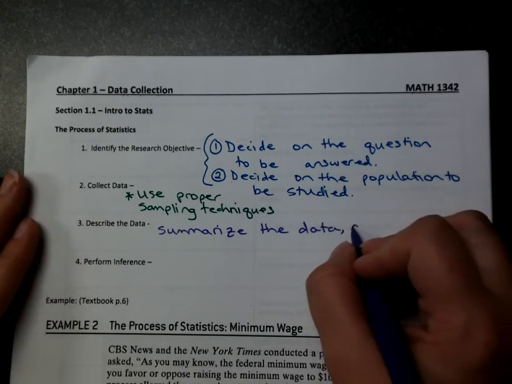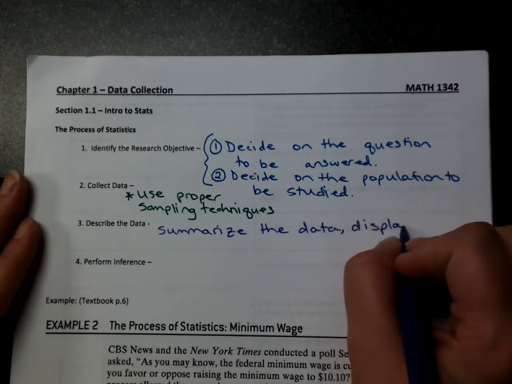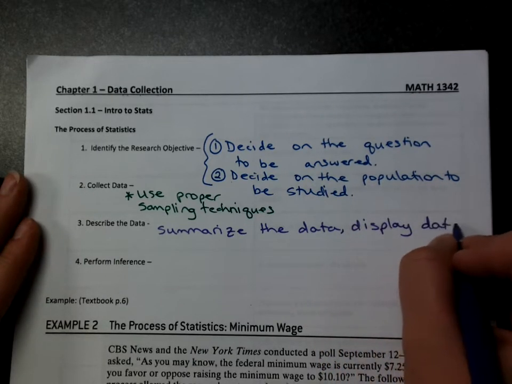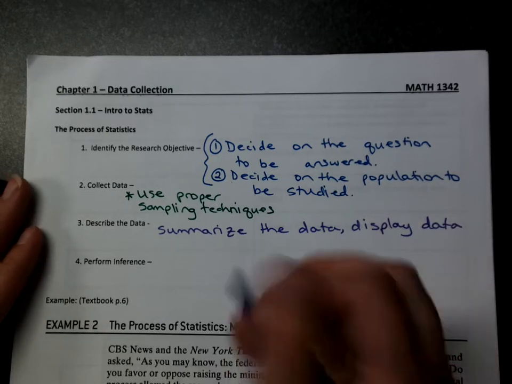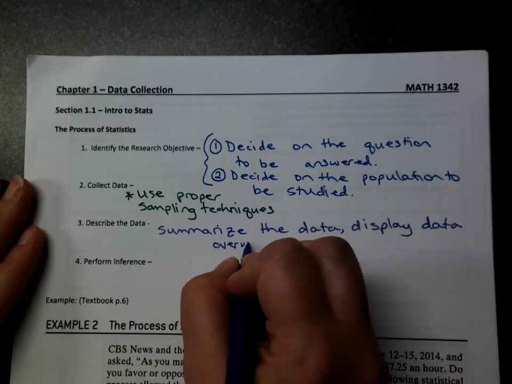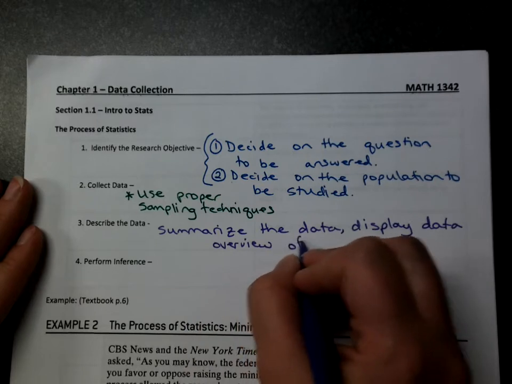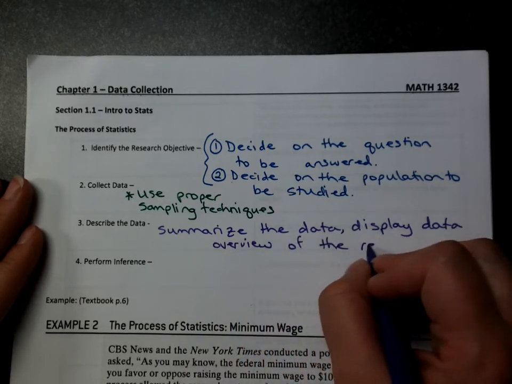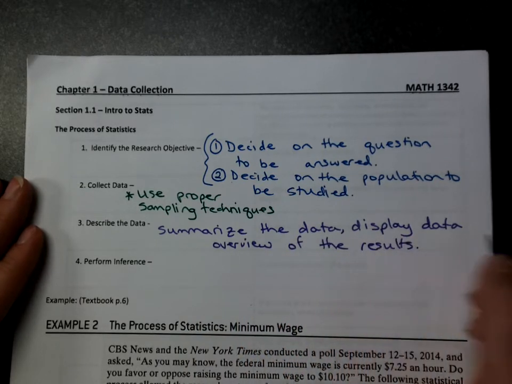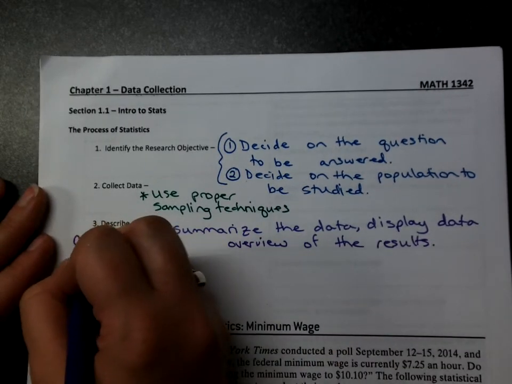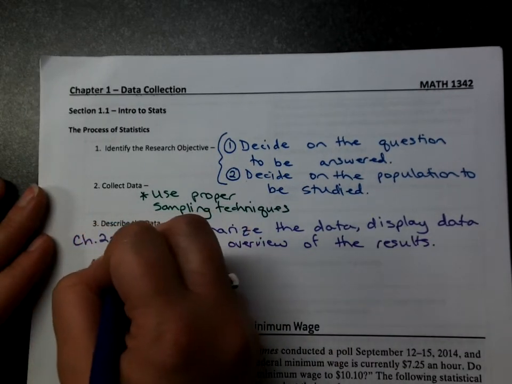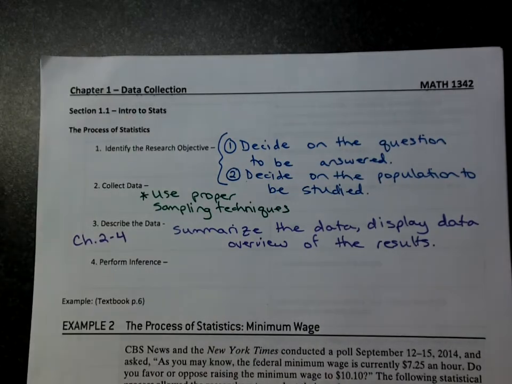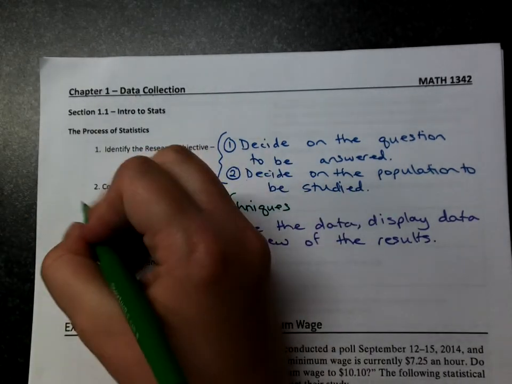And you can display the data. And it really is just to give an overview of the results. Kind of what kind of results did we get from our data. This will be discussed in chapters 2 through 4. And so collecting the data we're going to talk about here in Chapter 1.